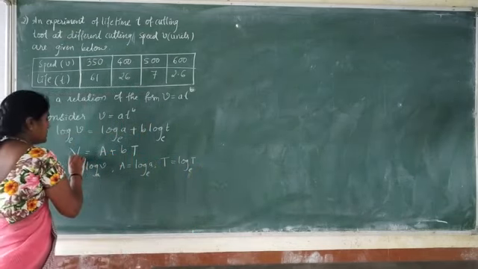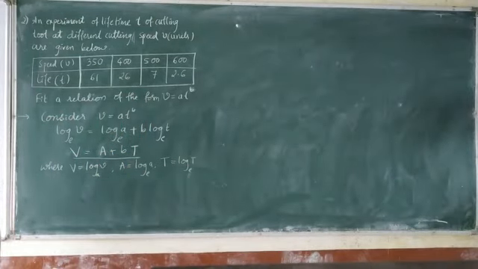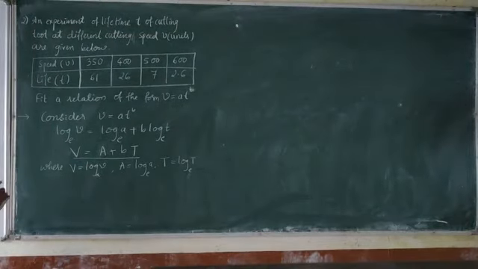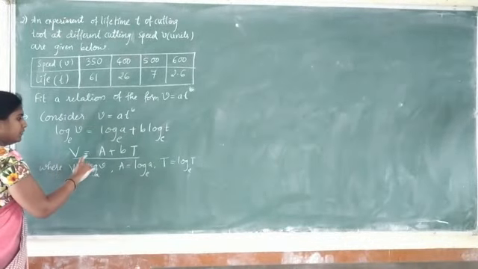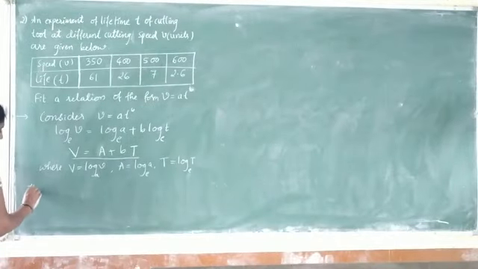Now just look at this equation. This is of the form y equals ax plus b, a straight line equation. Now we will use the normal equations of y equals ax plus b associated with V equals A plus bT.